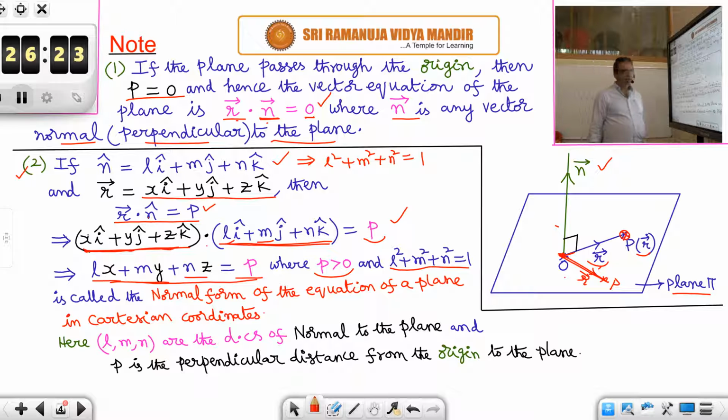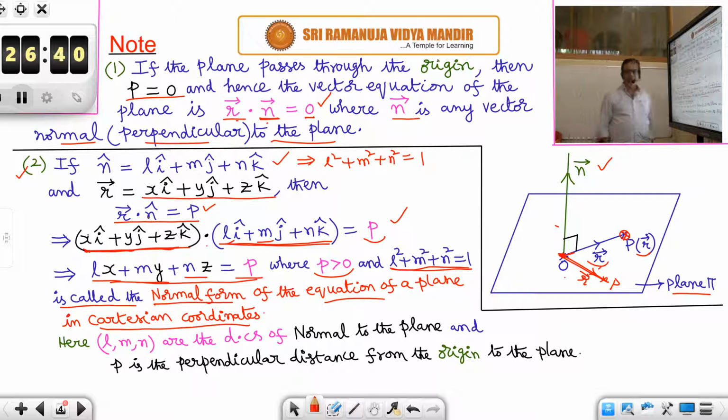So this form is called the normal form of the equation of a plane in Cartesian coordinates.